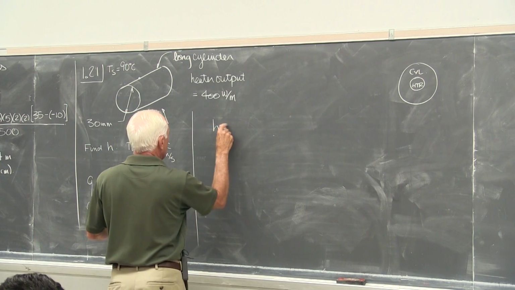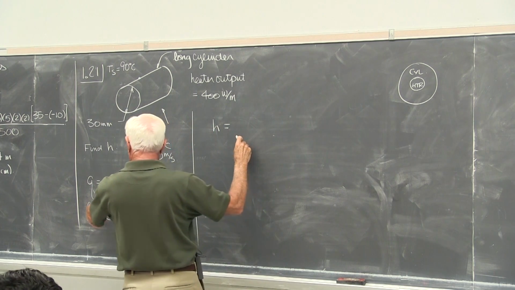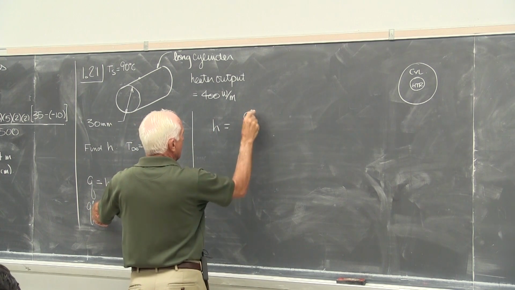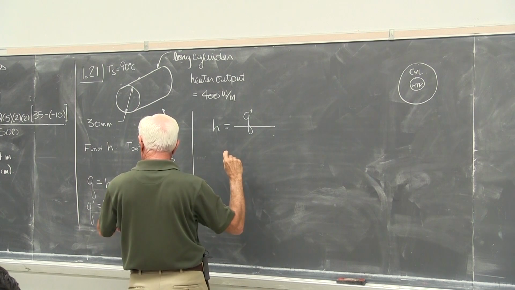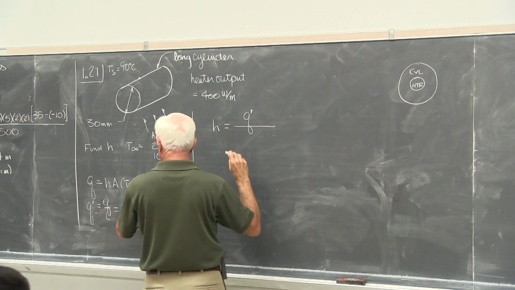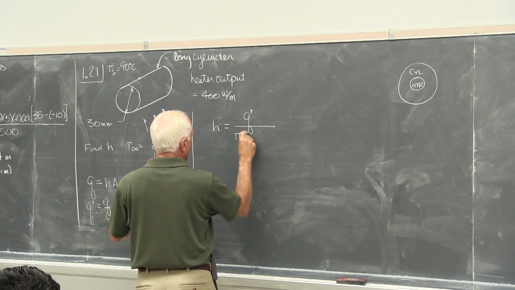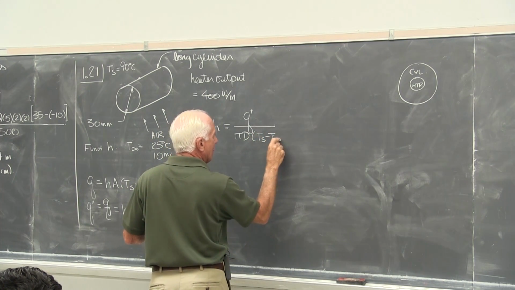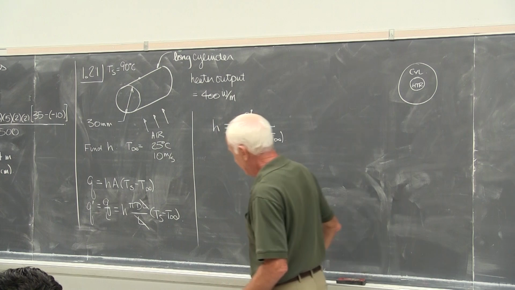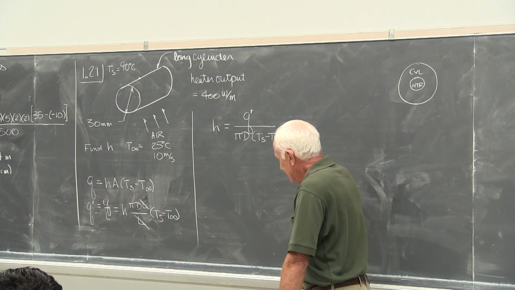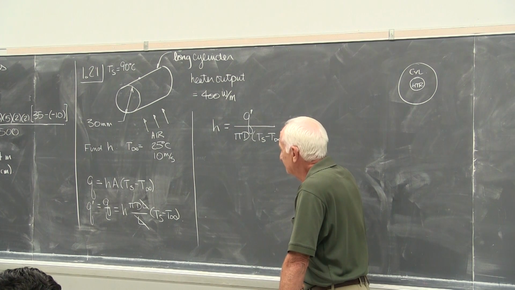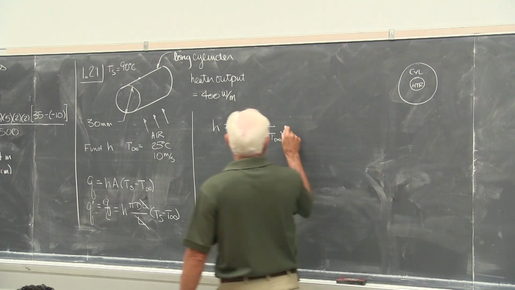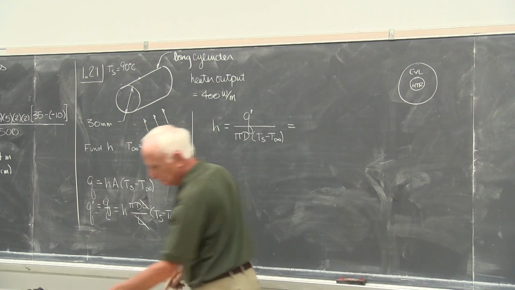Okay, h equals Q prime divided by pi d times Ts minus T infinity. The L's cancel out.